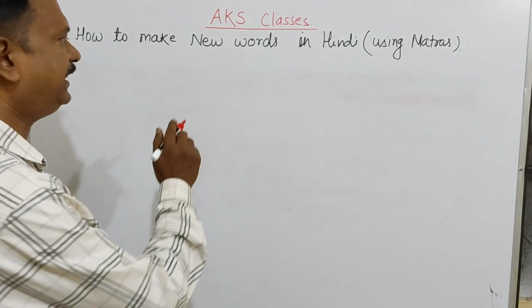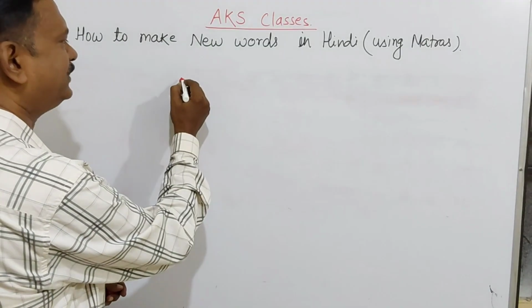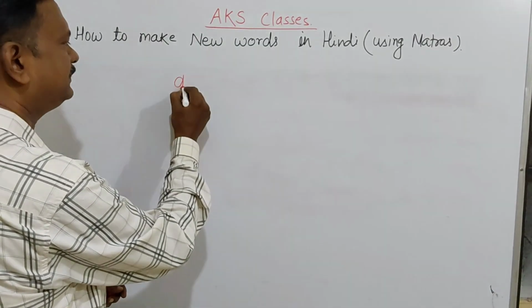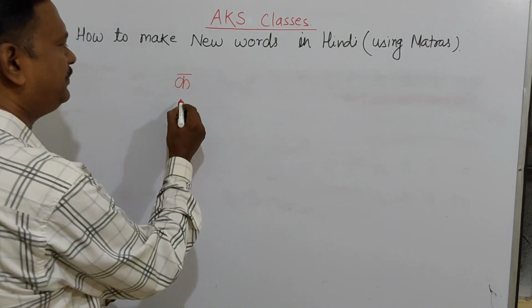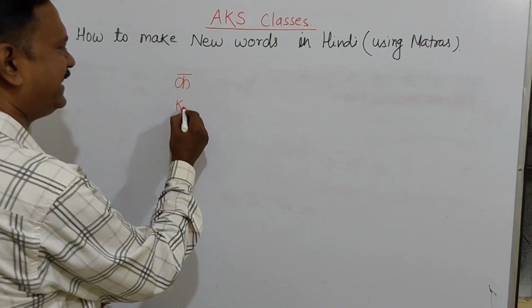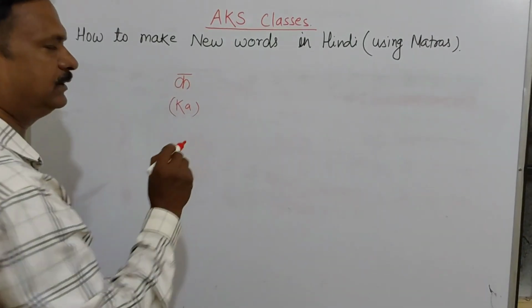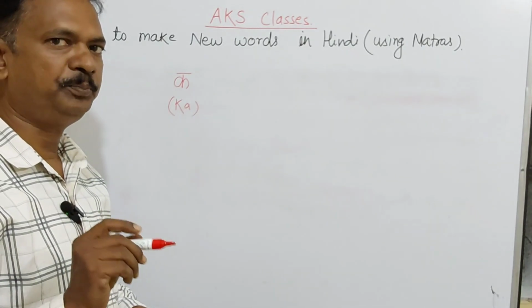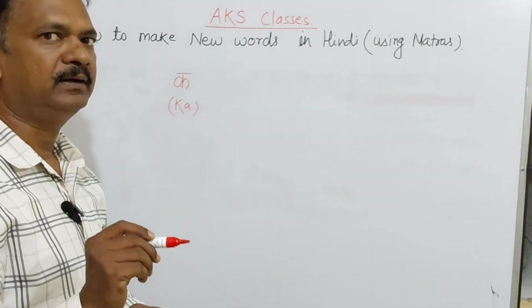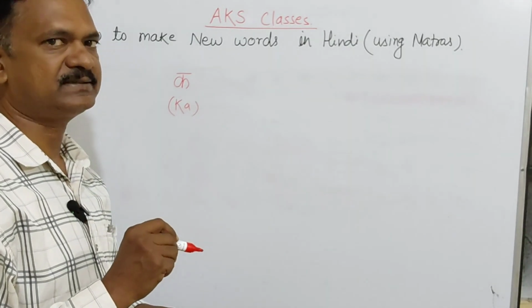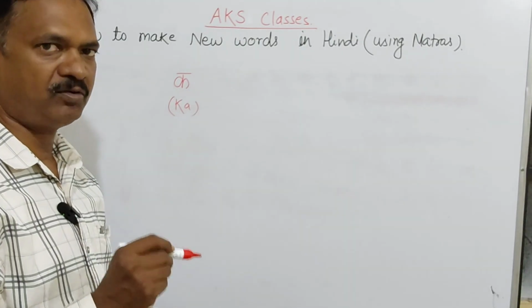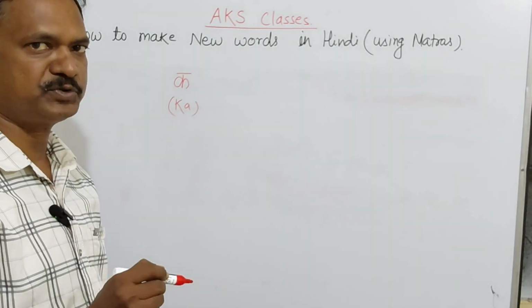If I take a consonant k, we pronounce this consonant as k. Please note that to pronounce any consonant, a vowel sound is already there, because without a vowel sound we cannot pronounce the consonant.